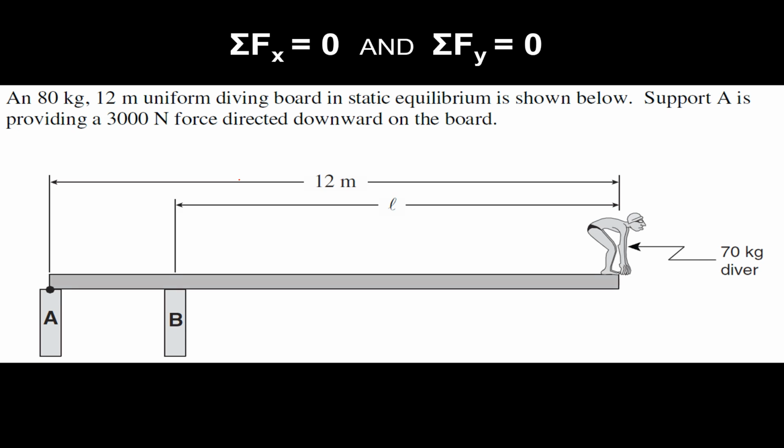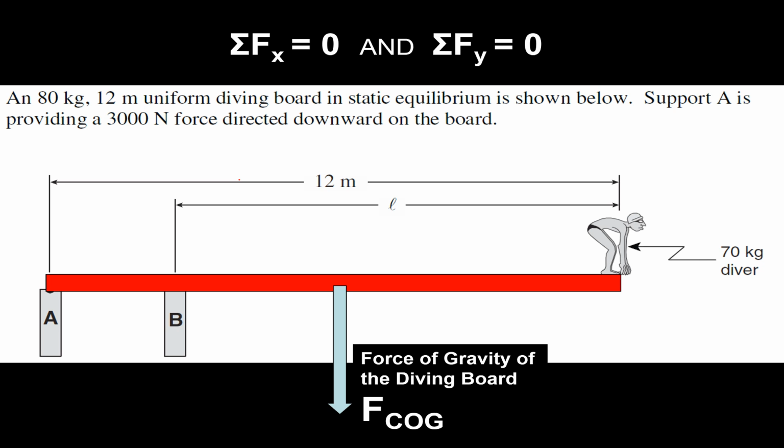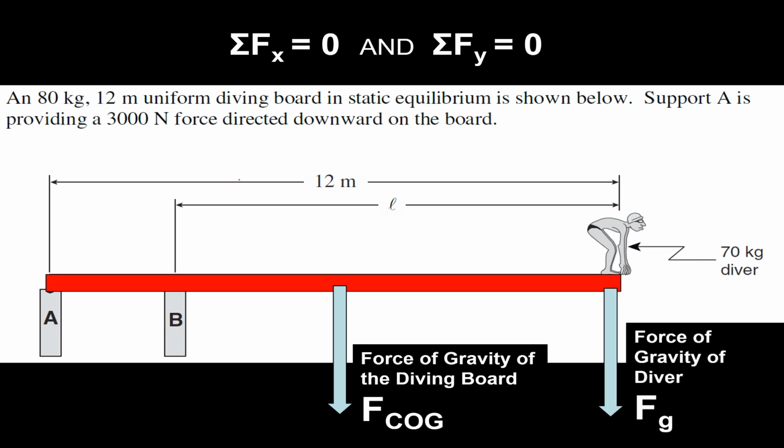So what's the first force? Well, there's our beam that we're looking at. The red thing I just made red. There you go. There's a force of gravity from the center of gravity, COG, center of gravity. The object itself, it's in the center. There's the weight of the diver, the force of gravity of the diver pushing down on the board.